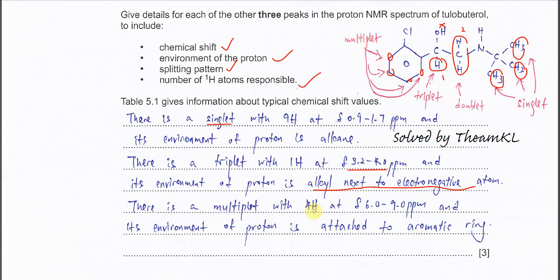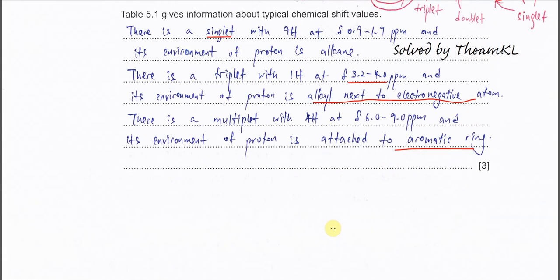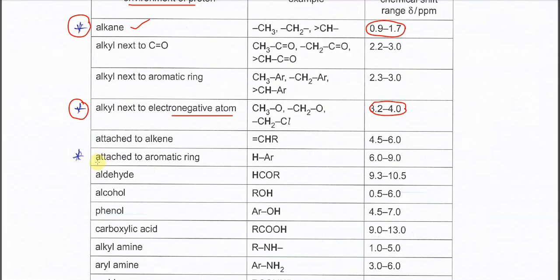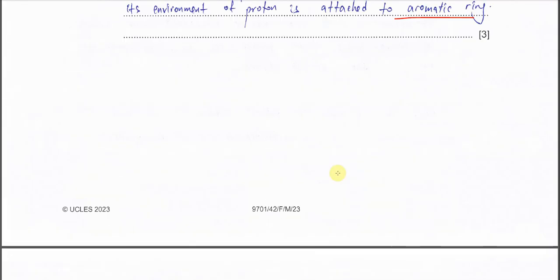With 4H at 6 to 9 ppm, and its proton environment is a proton attached to the aromatic ring. Again you have to refer to the table. So the proton environment is attached to an aromatic ring, and the chemical shift is 6 to 9. So this is the last signal.